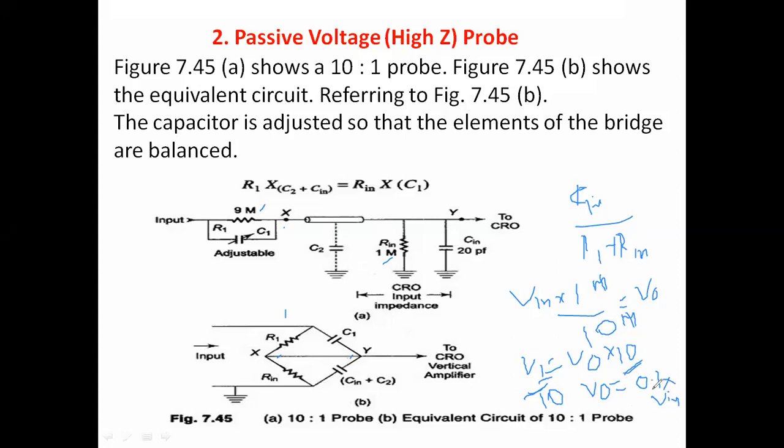That's why this probe is considered as the 10/1 probe or 10:1 probe. So 0.1 is nothing but 1/10.